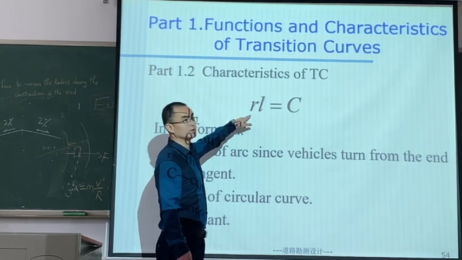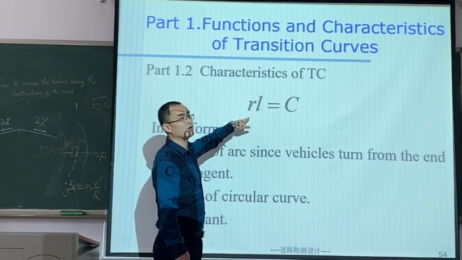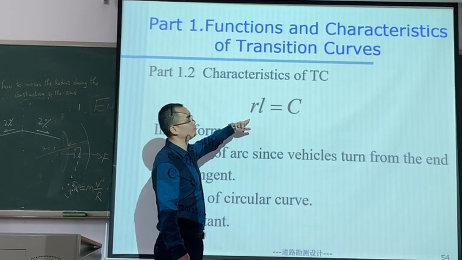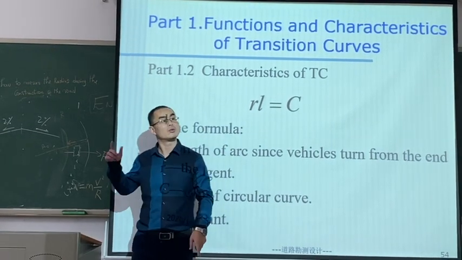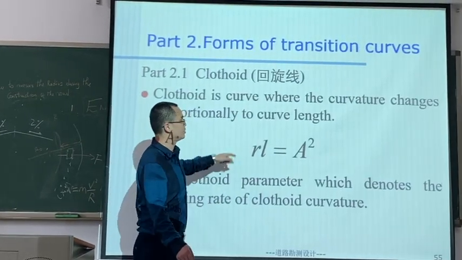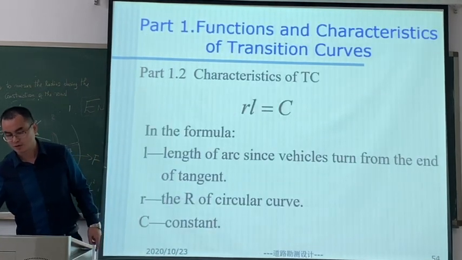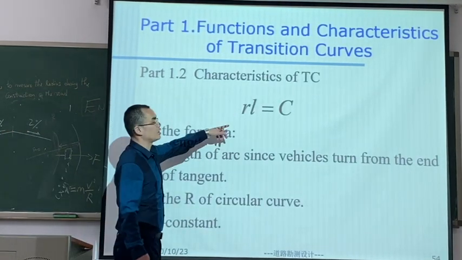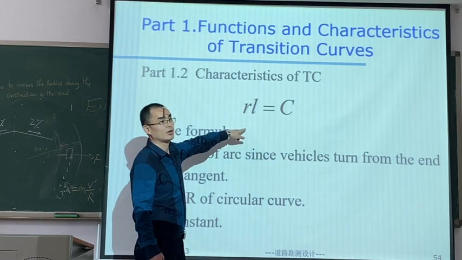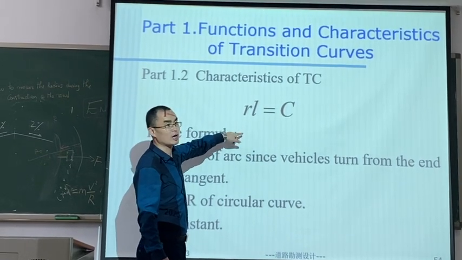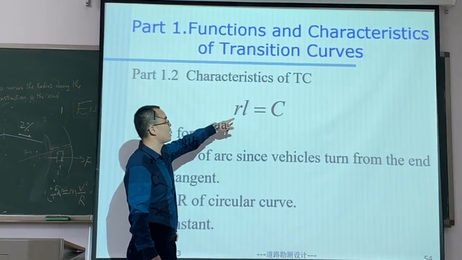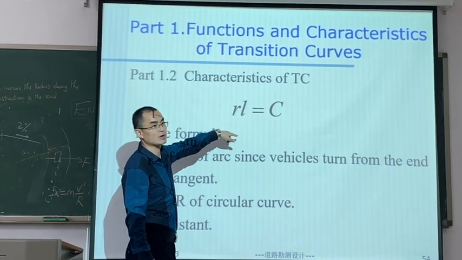R is variable, not a constant. L is length, the length of the transition curve. L is variable.